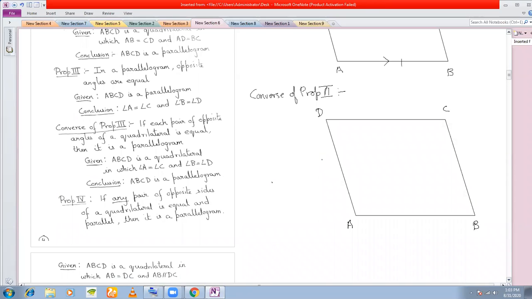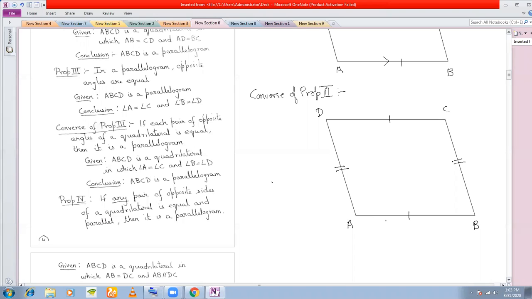Additionally, I have given you that ABCD is a quadrilateral and that the opposite sides are equal. Then you can conclude that this quadrilateral is a parallelogram.